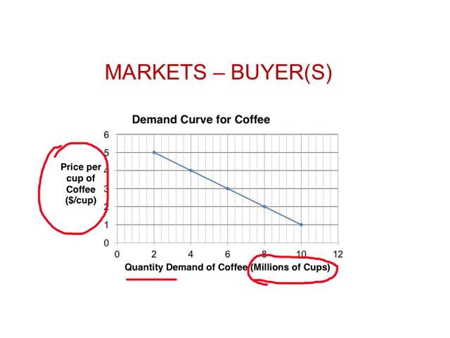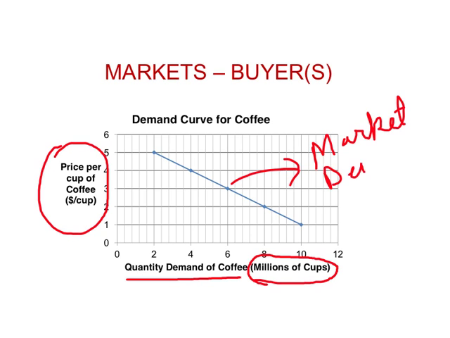So on the horizontal axis, we have quantity demanded of coffee in millions of cups. And what we have here is the market demand curve. So this is how we move from one consumer to millions of consumers around the world or around the country, and figure out what the market demand curve is.